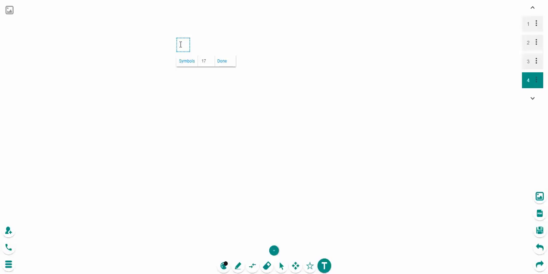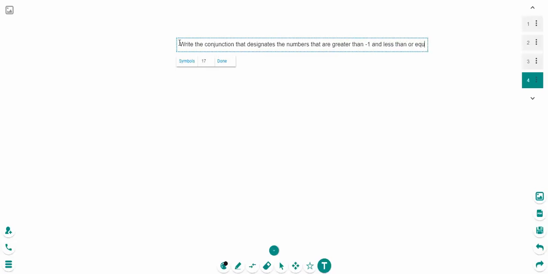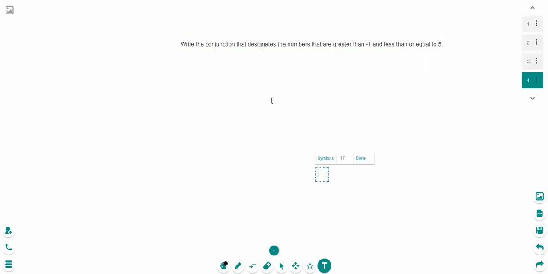They have an example where they say, write the conjunction that designates the numbers that are greater than -1 and less than or equal to 5. Okay, so here I want you to write the conjunction statement that designates the numbers that are greater than -1 and less than or equal to a 5. Go ahead and try to do that on your own, and then we'll do it together.